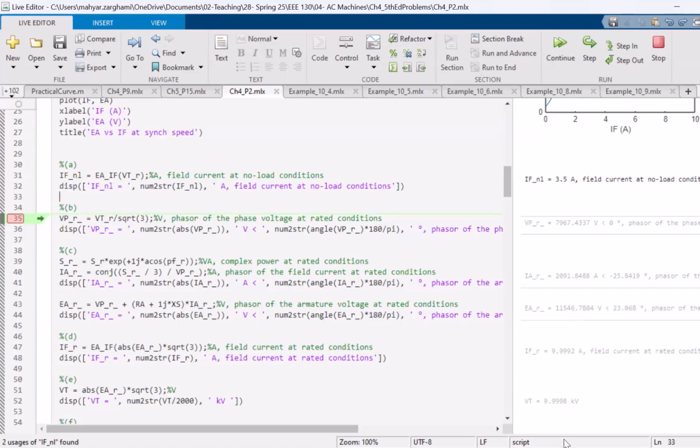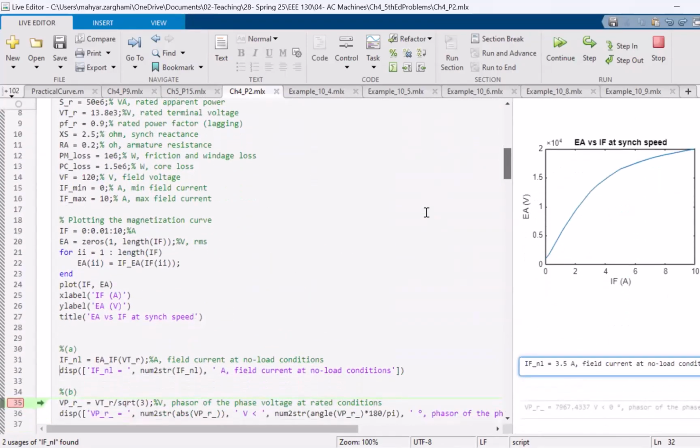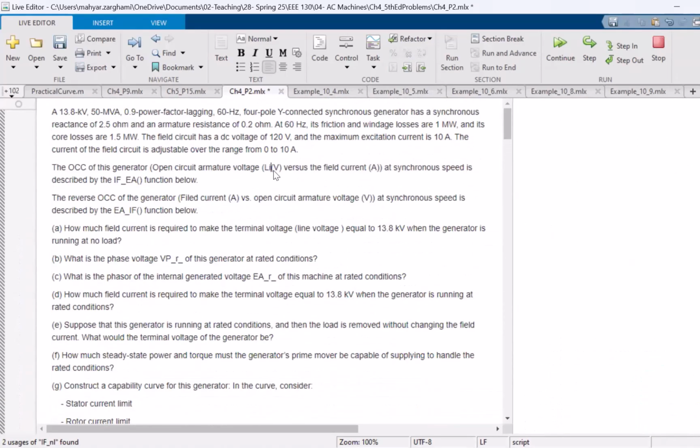So the field current at no load condition should be this much, 3.5 amps. And keep in mind, this is the line-to-line voltage, not the line-to-neutral. Field current versus open circuit armature voltage, line-to-line again. So that was the first part, which is easy.